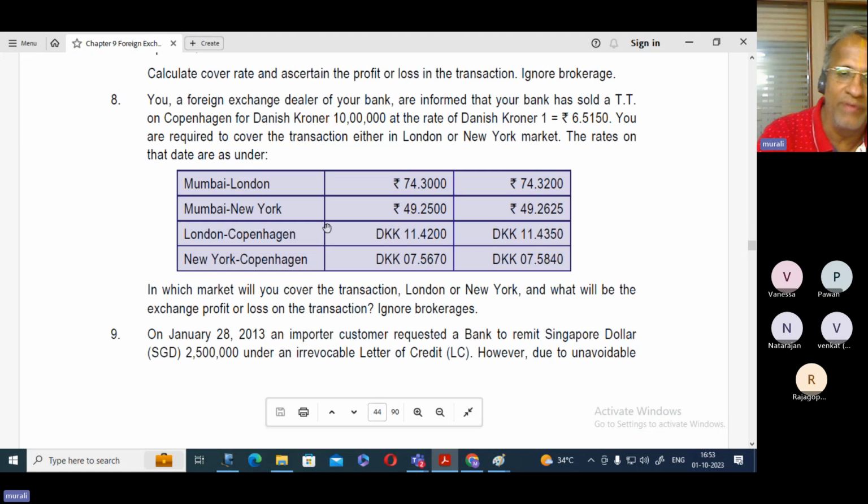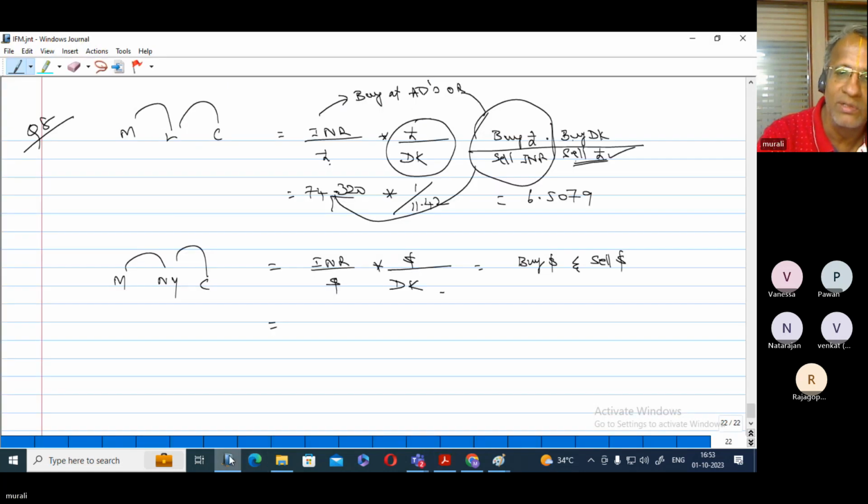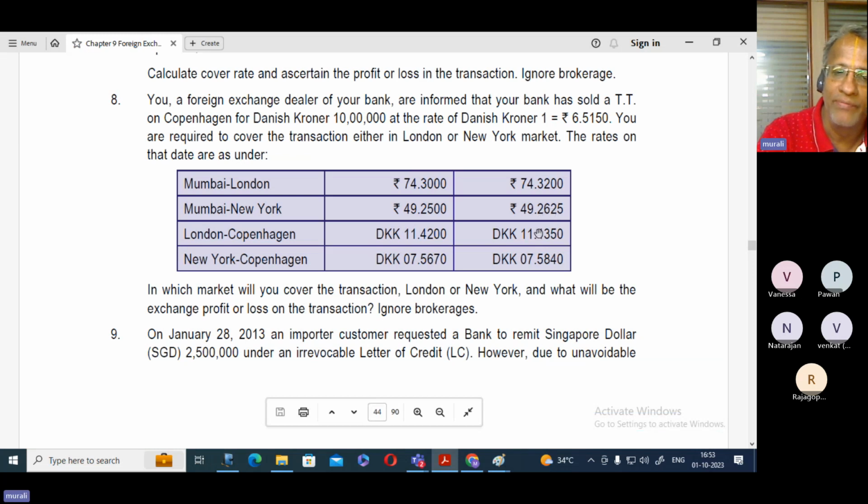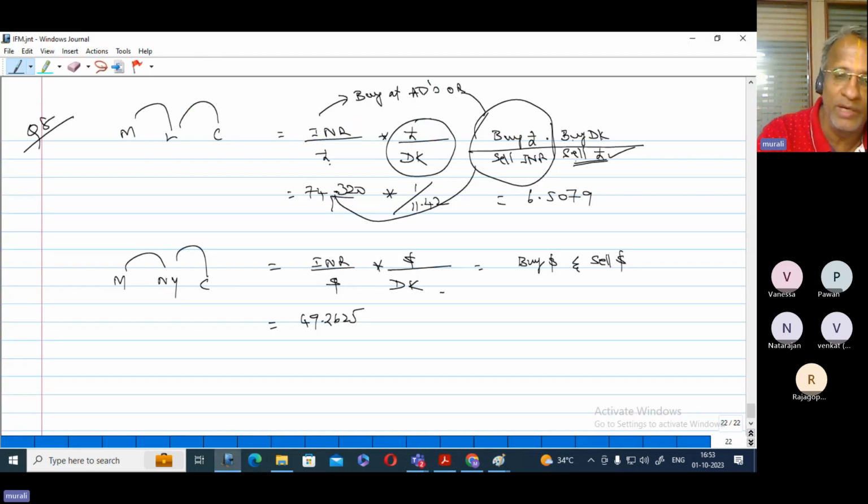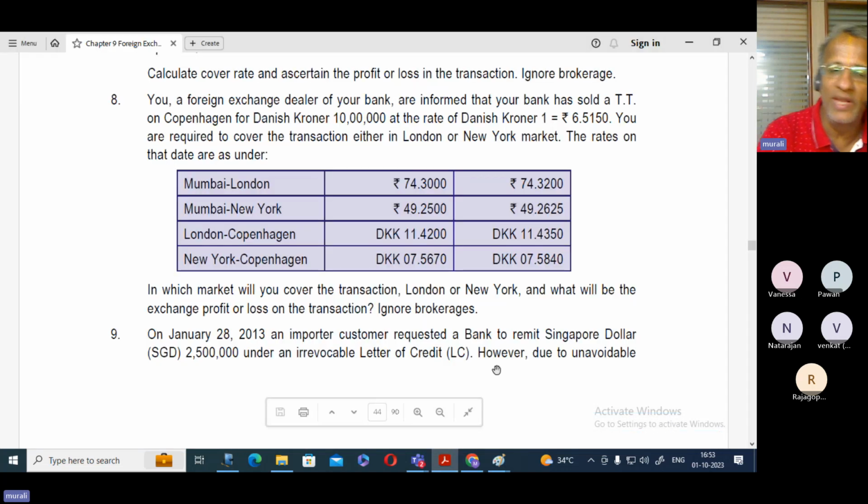What is the offer rate of dollar? 49.2625. Correct. Then what am I expected to do? Into 1 divided by. The quote is for dollar, but in this case it is the opposite quote. So sell dollar, you do it at the bid rate, and the bid rate is 7.5670.